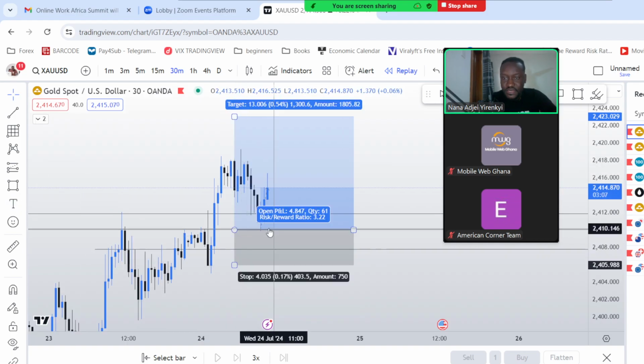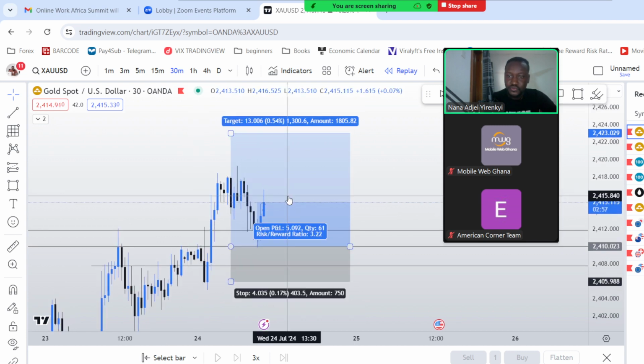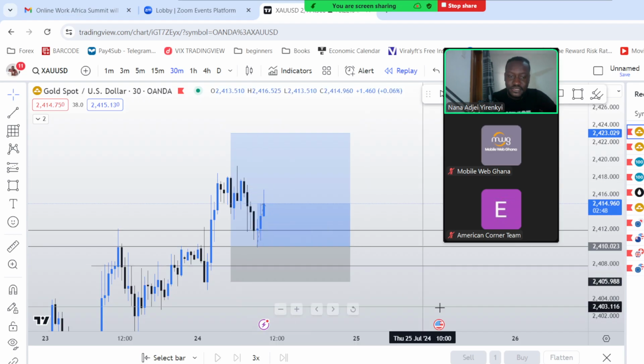So in case price decides to go against me, when it hits this level, price will stop me out. We are going to use the same analogy to calculate the amount of money I'm going to risk, and the potential amount of money that I'm going to make using any of the lot sizes I have mentioned.